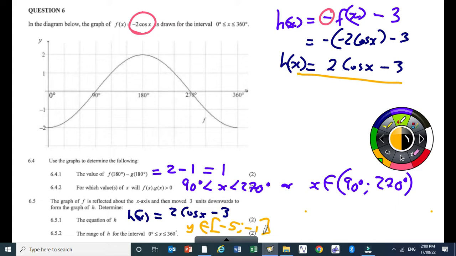Remember, we use the table to sketch the graph, but here we are not asked to sketch the graph. So you can work smartly by just finding the minimum and the maximum from the table on your calculator. Remember, range refers to the set of all the y values.